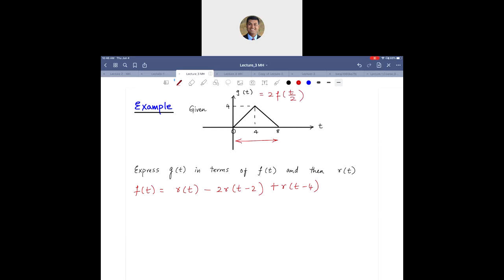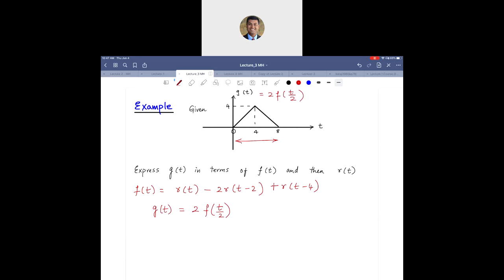So in this case, let's see, f of t was represented in terms of r of t. I can represent g of t in terms of f of t as I just did, with an amplitude scaling as well as a time scaling.